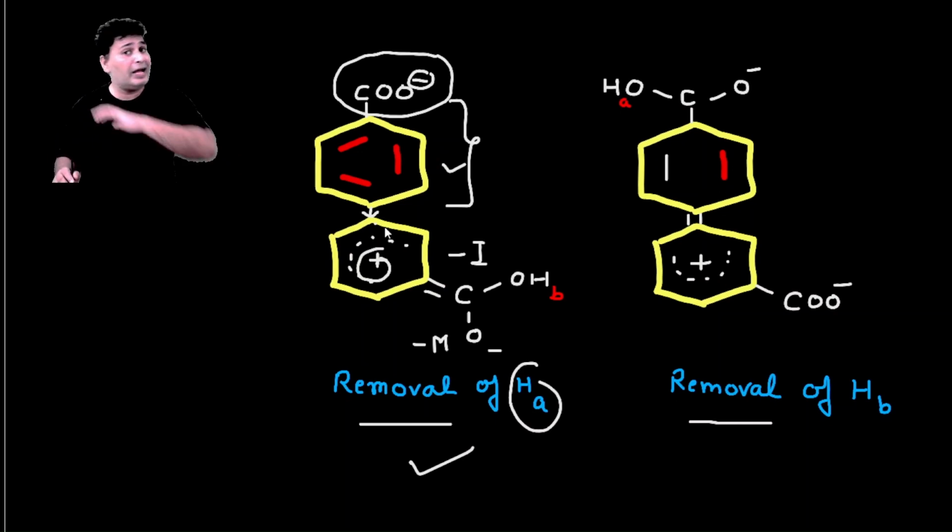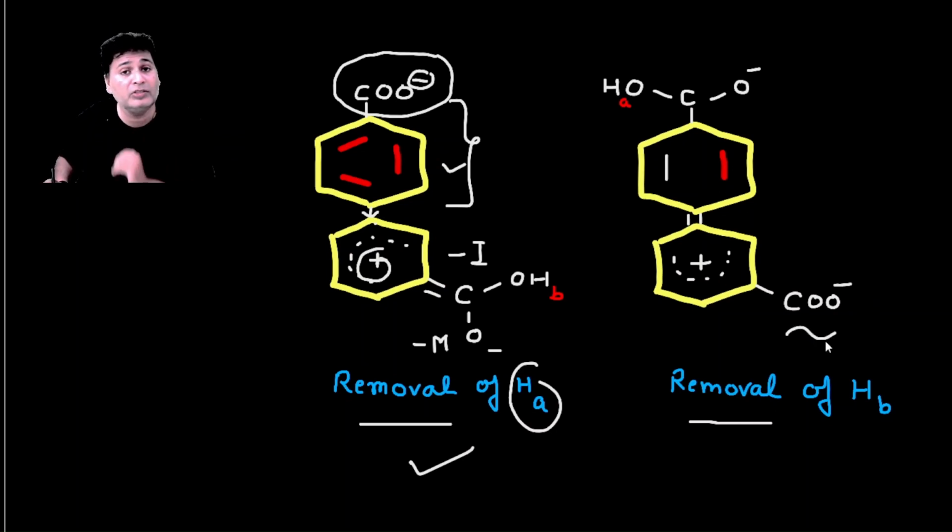On the other hand, I have already elaborated that had this hydrogen been B, this carboxylate ion, which is the result, is better stabilized because of the minus M effect of the upper carboxylic group.